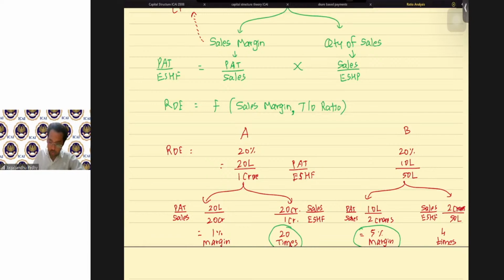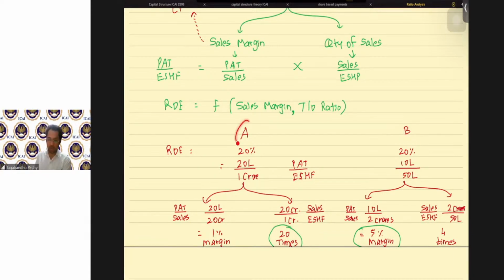So even though both the companies have a return on equity of 20%, company A's strong area is turnover and B's strong area is margin, right?